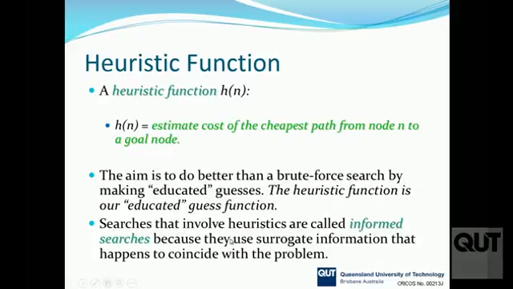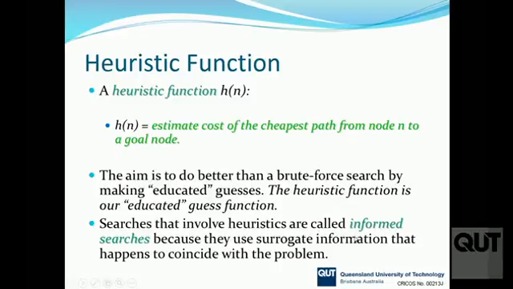Right, so searches that have heuristic functions are what are called informed searches. They're informed searches because we as human beings can reason about the problem to a degree, and then arrive at some good way of guessing. When we implement that way of guessing as a heuristic function, we've given that search information that it couldn't have if it was just a simple brute force method.